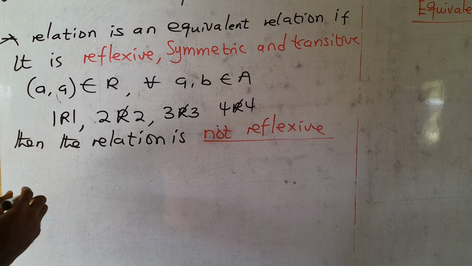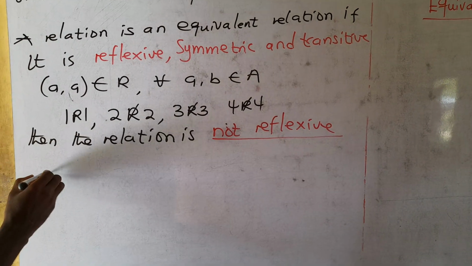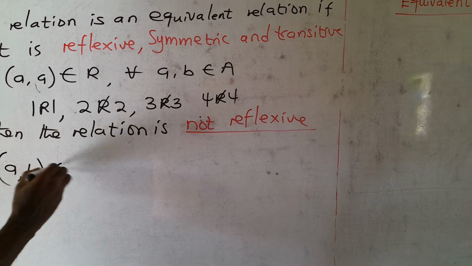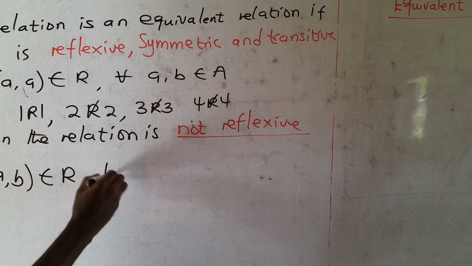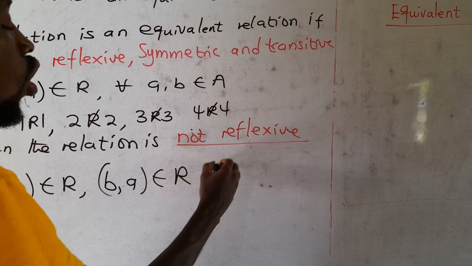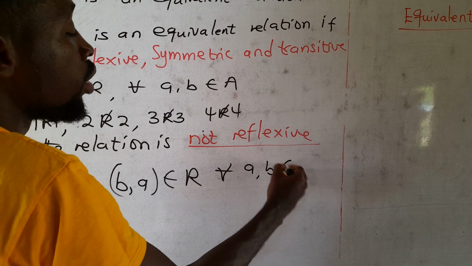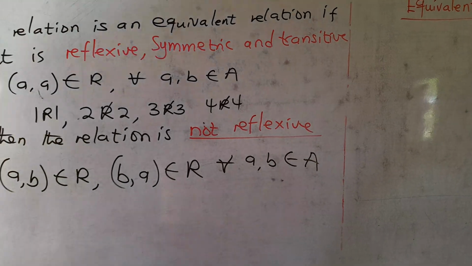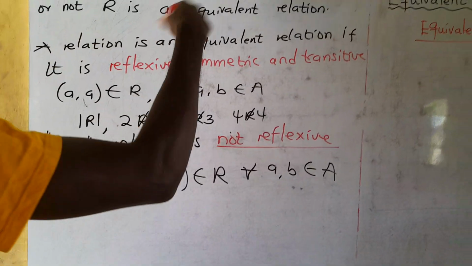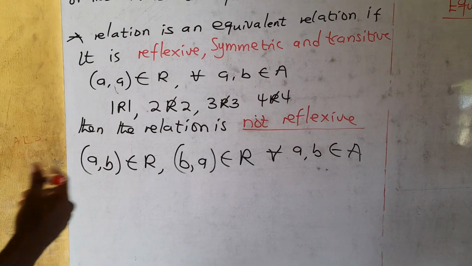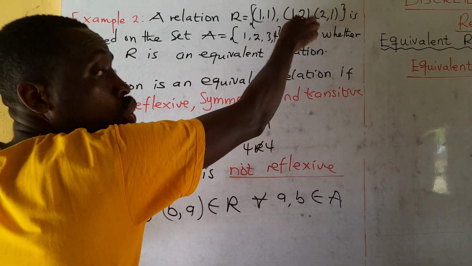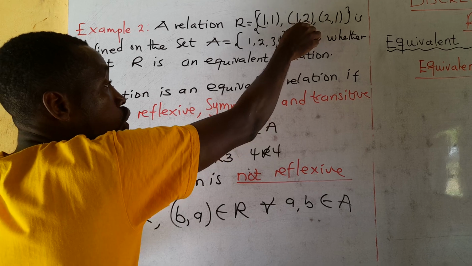For symmetric, we said a relation is said to be symmetric if a relates to b is a member of R, then b relates to a must also be a member of R for all a, b being members of A. So what do we do? We find any alternating relation. If it exists, then we don't have a problem. So let's look at it. 1 relates to 2.